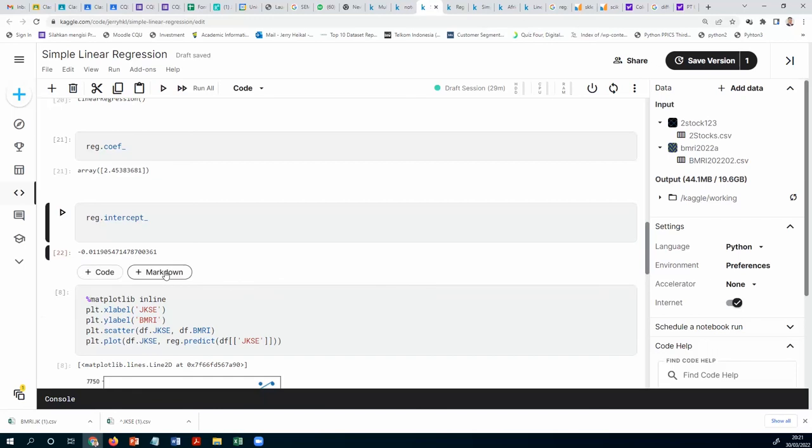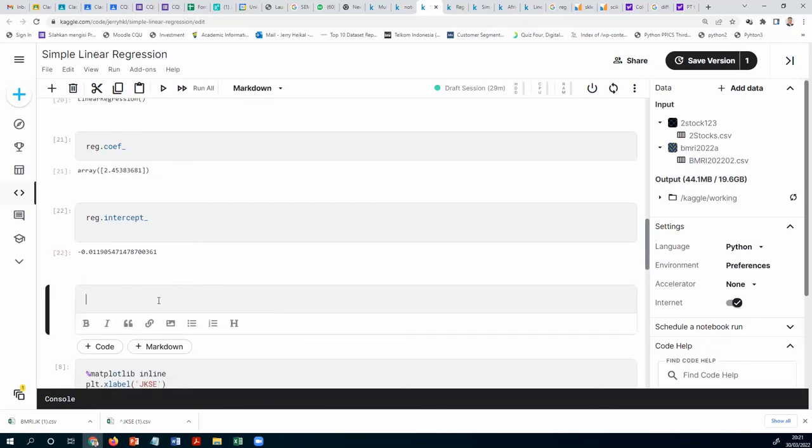Okay, so in this regression model, y equals the constant, which is the intercept, minus 0.011, plus 2.45 times the Jakarta Stock Exchange.